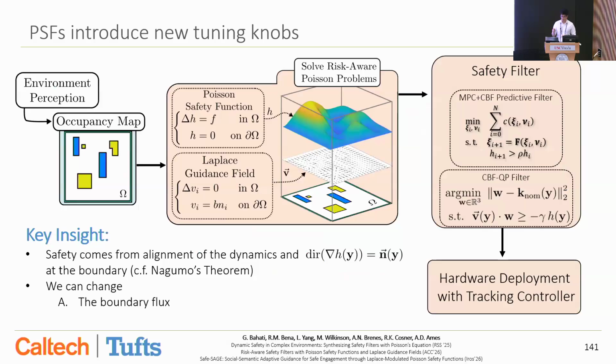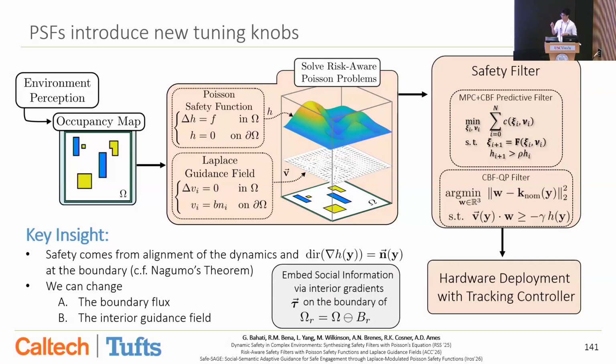The other tuning parameter that we have that we realized is that we can use the interior guidance field. So not only can we modulate this on the boundary, and when we modulate it on the boundary, it has to be aligned with the boundary gradients, but on the interior, it can kind of be whatever we want it to be. And so we have this additional tuning knob to adjust the behavior based on the semantics of the environment.